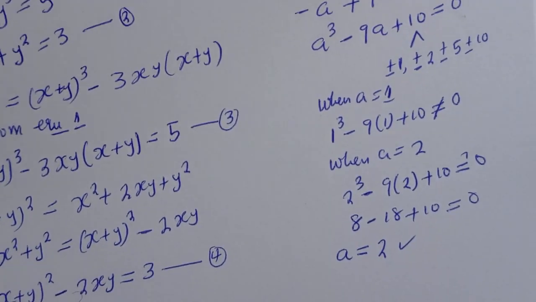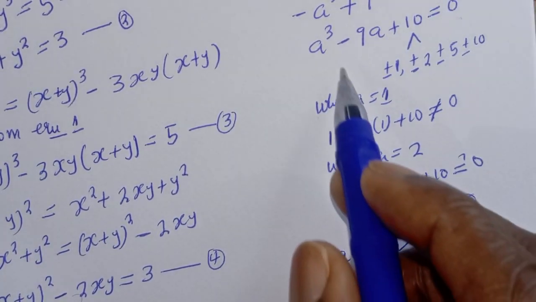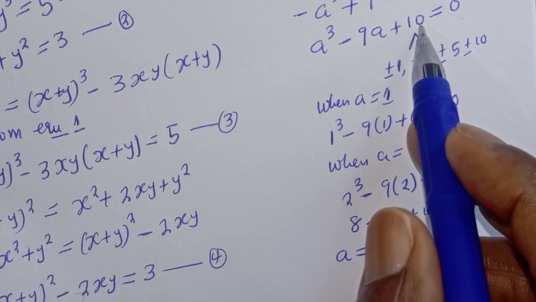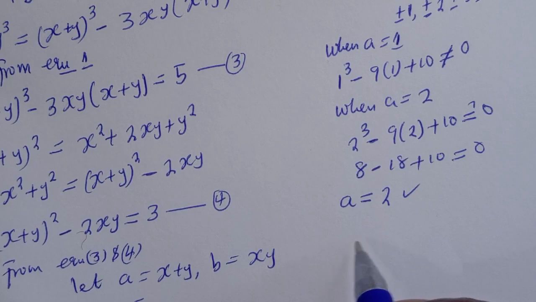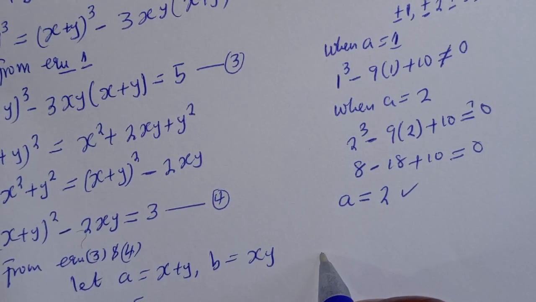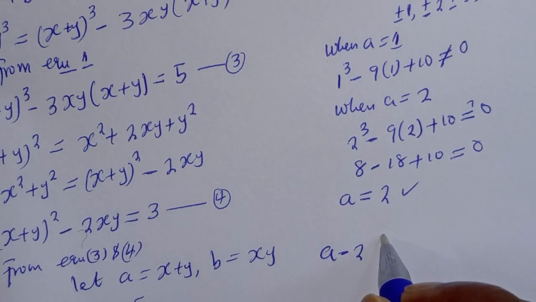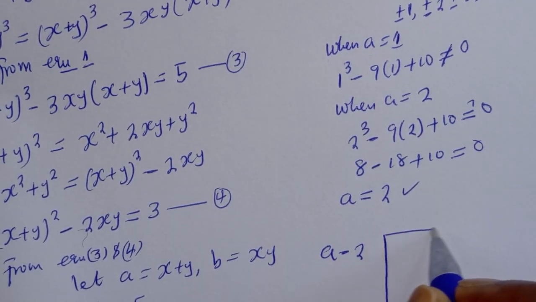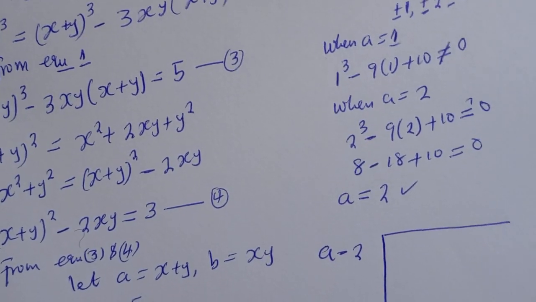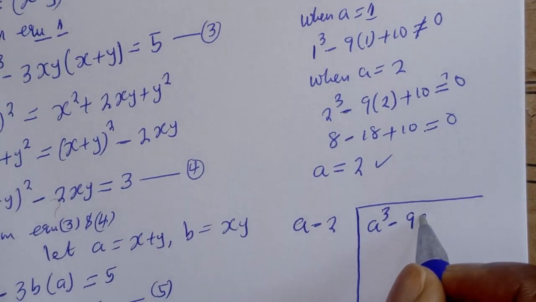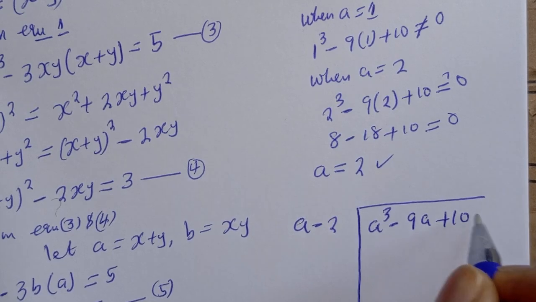Now we can divide this cubic equation, A raised to power 3 minus 9A plus 10, by this. Let's divide using long method. This is A minus 2 we want to divide, and here is what? A raised to power 3 minus 9A plus 10.